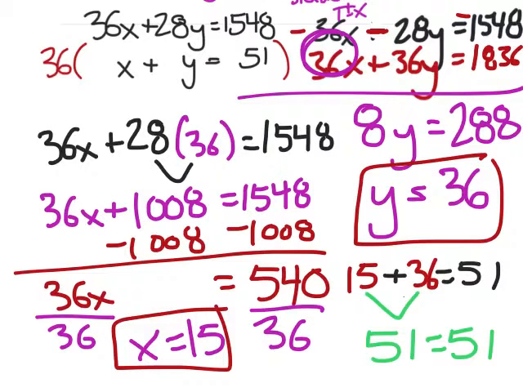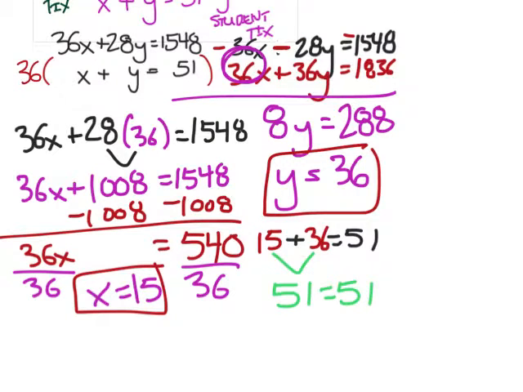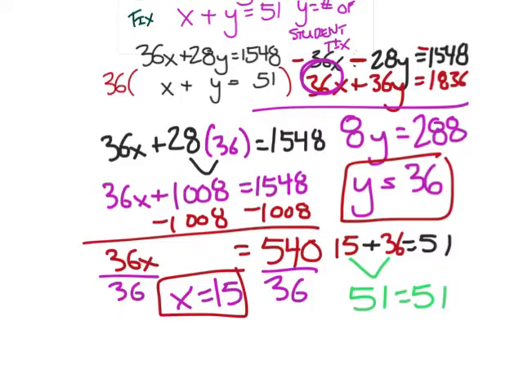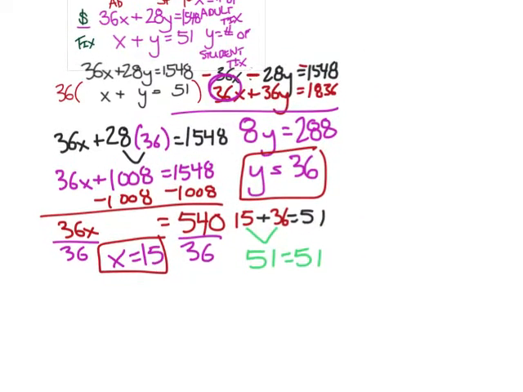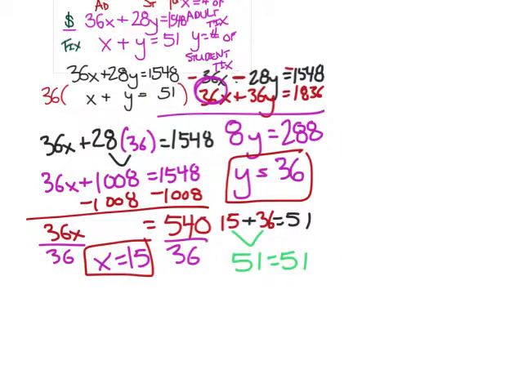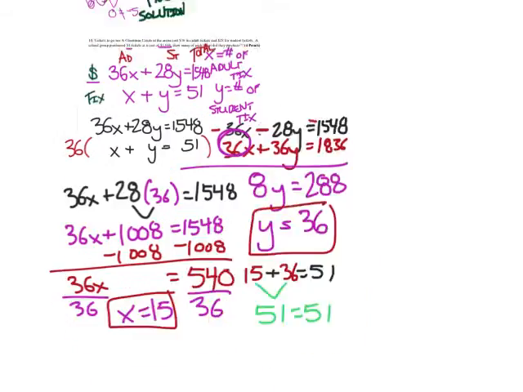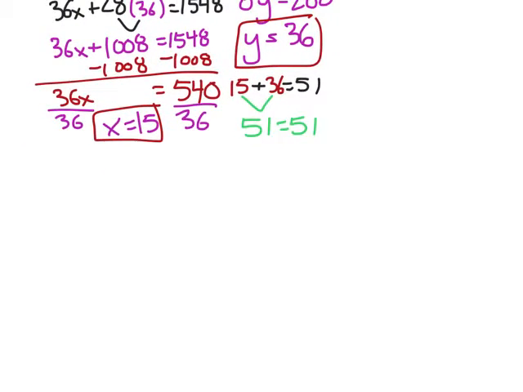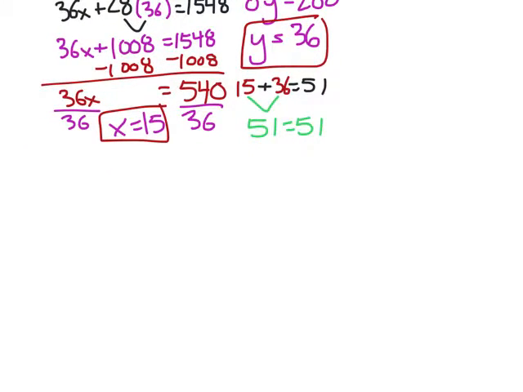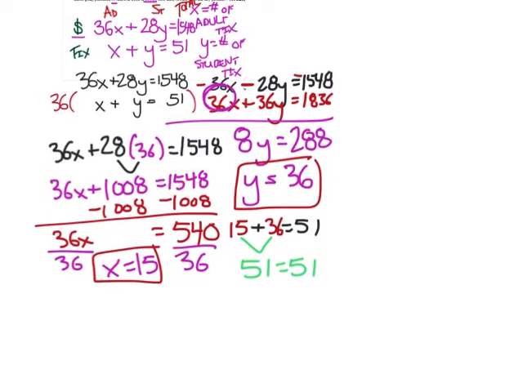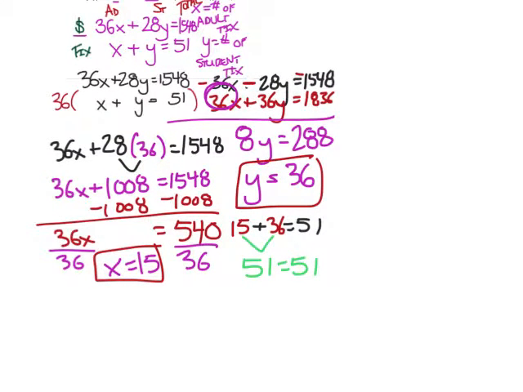51 equals 51. So now we define these as x and y, but since this is a word problem, we actually need to say what these are. Because the original question was, how many of each ticket did they purchase? Well, we know they purchased x, and before we had defined x as the number of adult tickets.